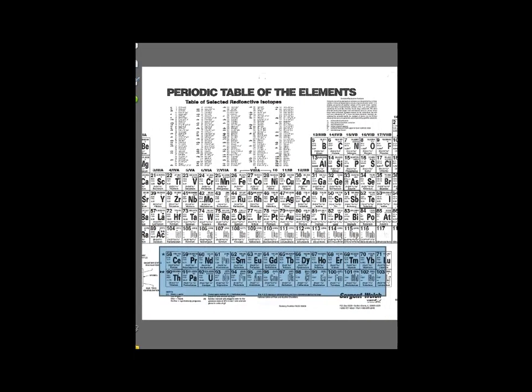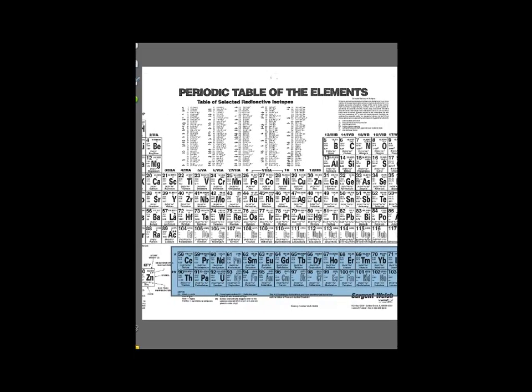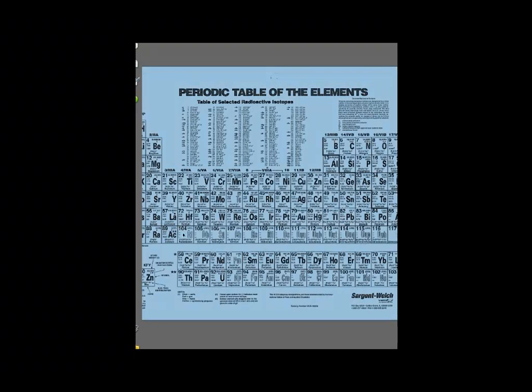So it kind of fills in that missing gap. And if you do the same for this lower actinium, it goes from 89 to 104.